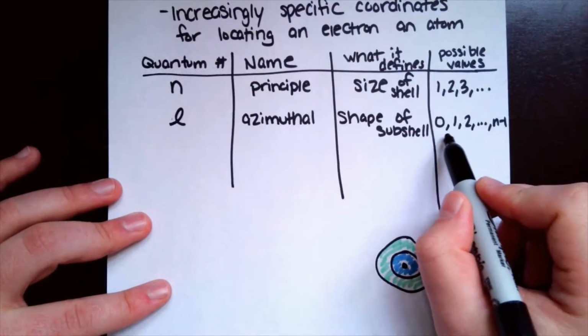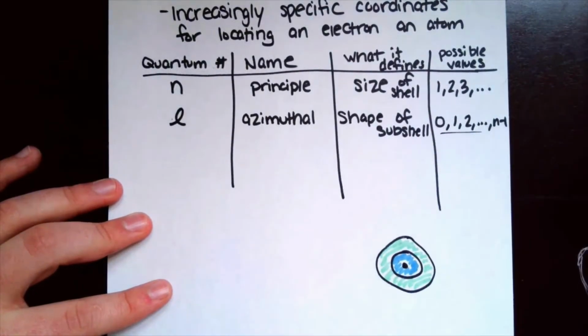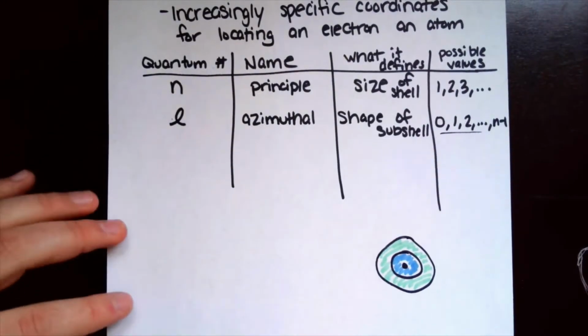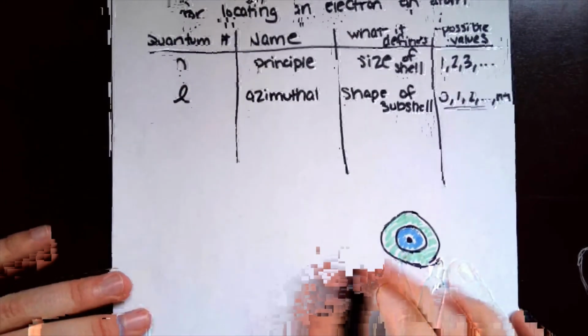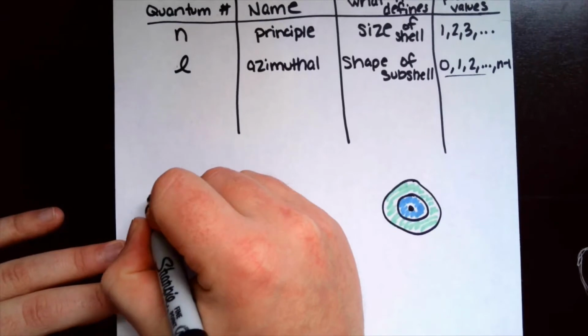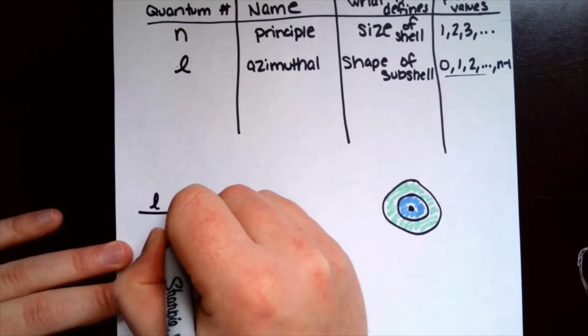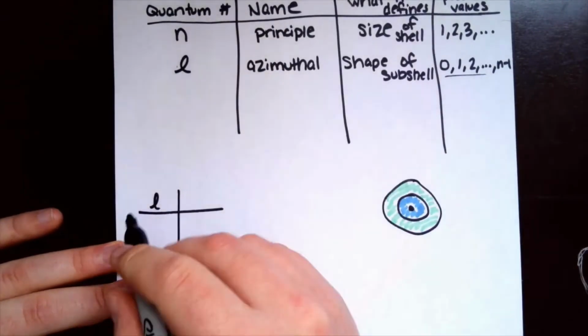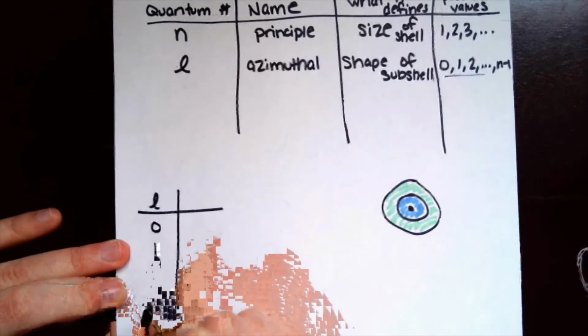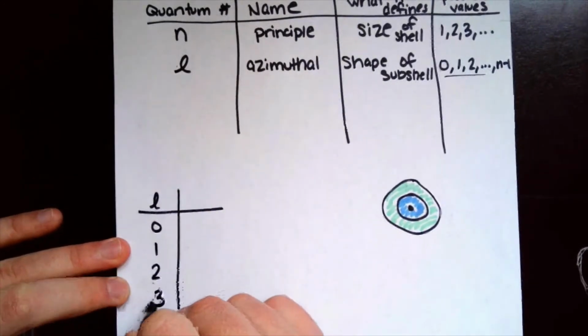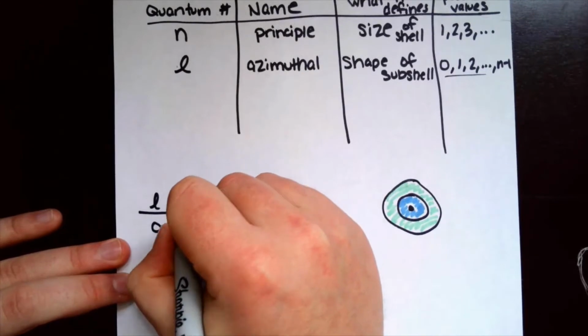Now, these have specific letters that are associated with those numbers. So I'm going to make a chart down here. So the L value, if the L value is 0, 1, 2, or 3, and I'm going to say the letter designation.